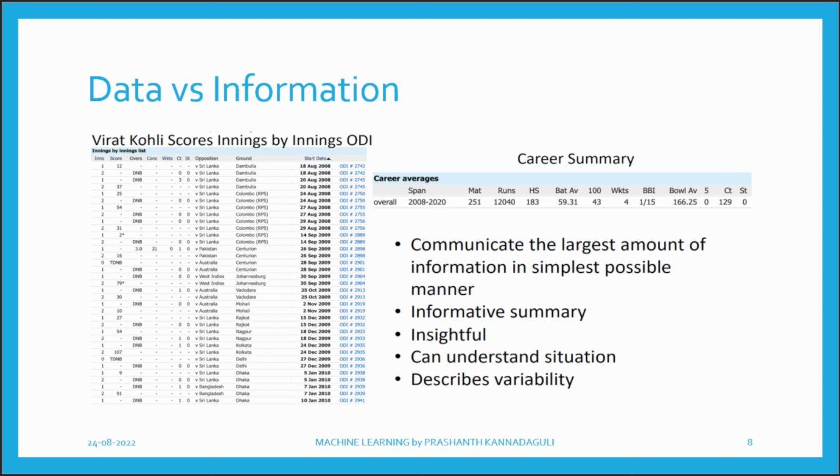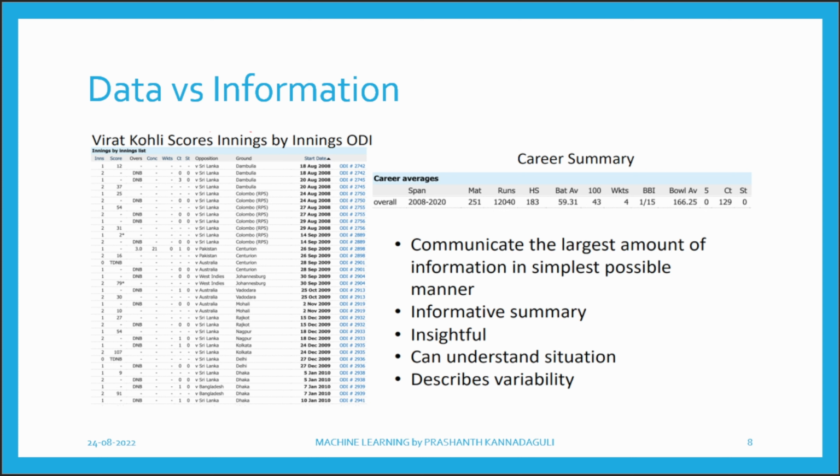Who wants to know which location he played so many times? Nobody will be interested. That's why the career summary will never show that information. Are you okay with that? Are you with me? So information is different and data is different. Data is actually too huge. It may or may not give you the complete information, but information is definitely something different, which provides insight.